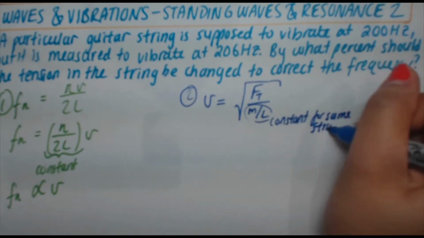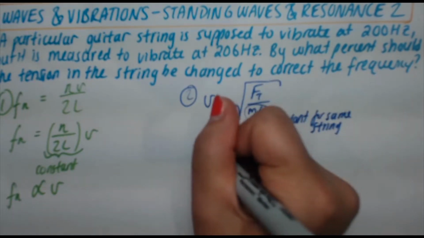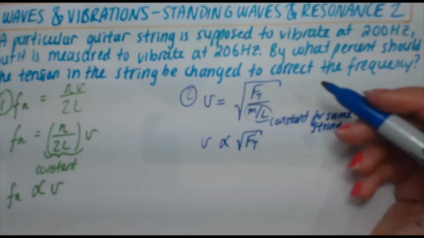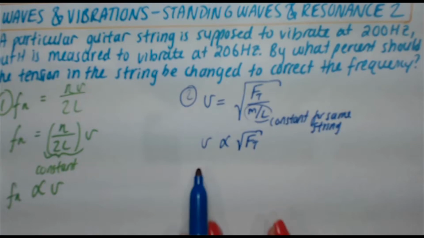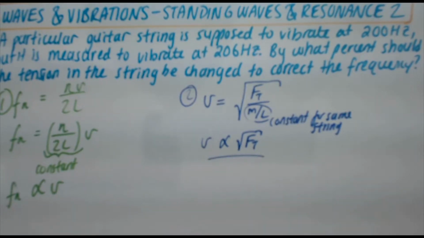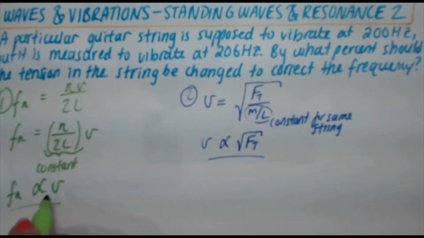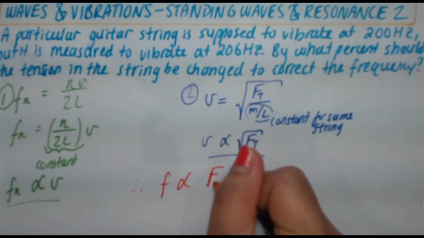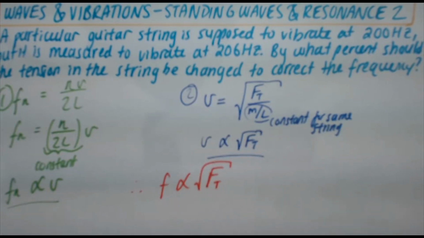So in essence, v is proportional just to the square root of the tension, because that's always going to stay the same. So if v is proportional to the square root of the force of tension and frequency is proportional to v, then by the power of mathematics, the frequency must also be proportional to the square root of the tension. And that's our relationship right there.